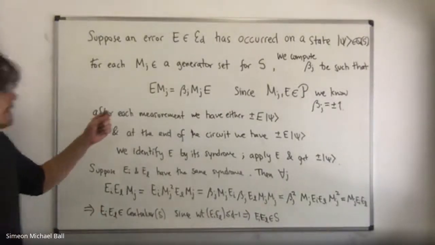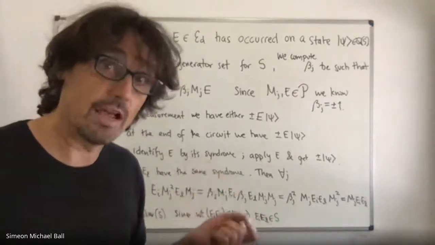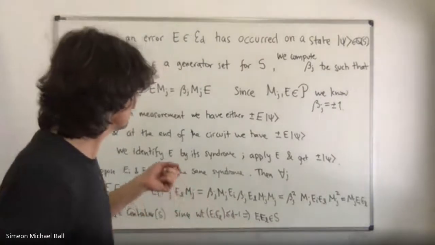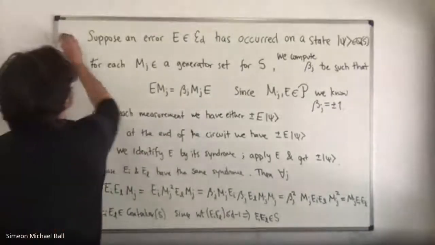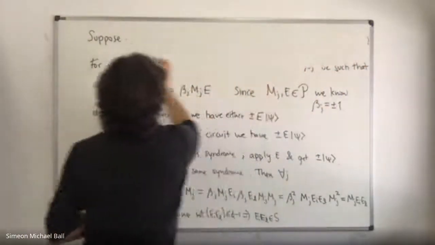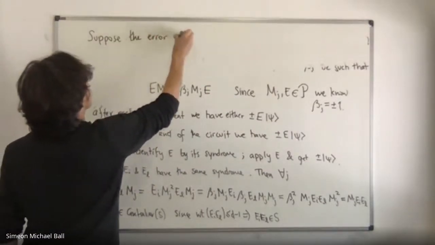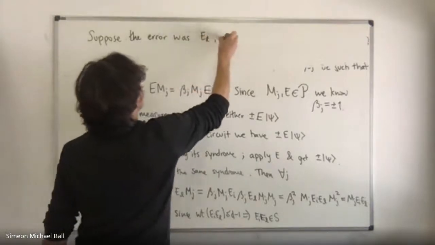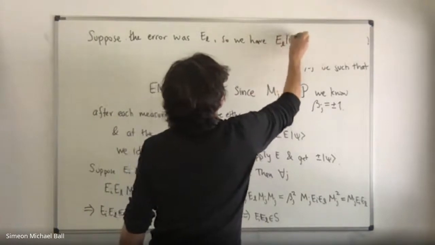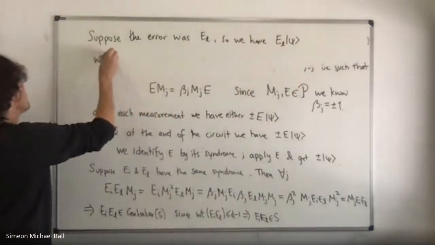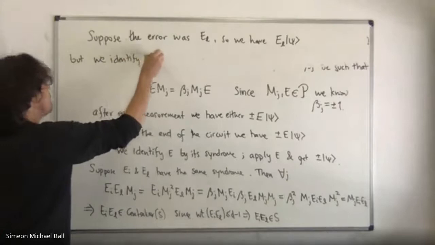And now for the really clever bit, let's say you got the wrong error. You had to have the same syndrome. The error that occurred was E_l. So suppose the error was E_l. So we have E_l psi. We identify E_i.